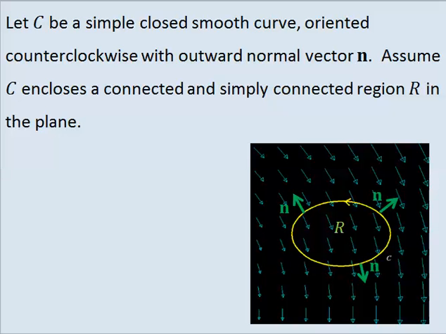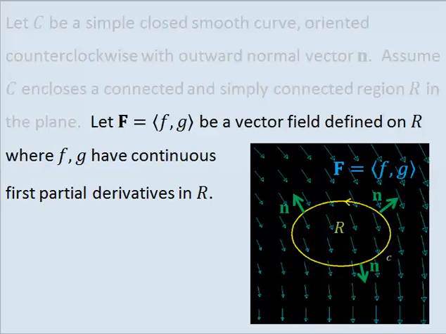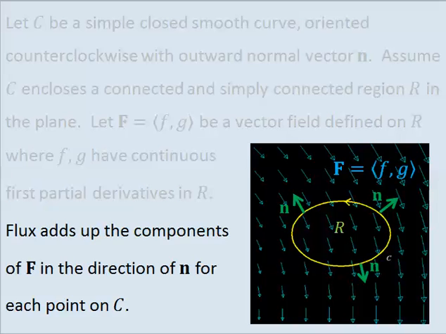Let's assume that the curve encloses a connected and simply connected region that we will call R. Now suppose that the components of our vector field have continuous first partial derivatives. As I said, flux adds up the components of F in the direction of the normal vector for each point on the curve.